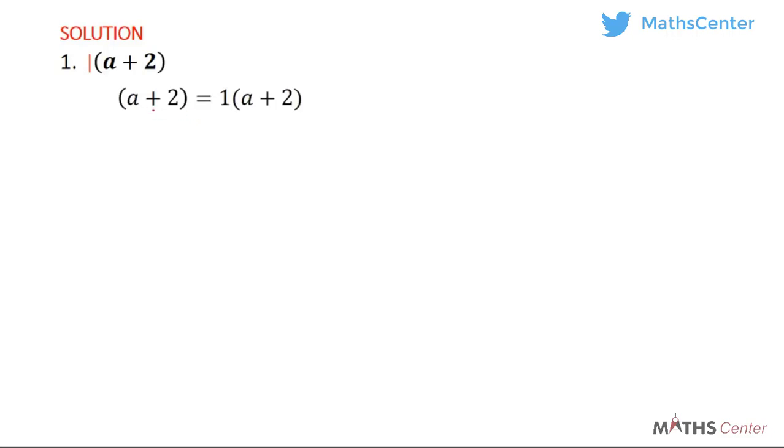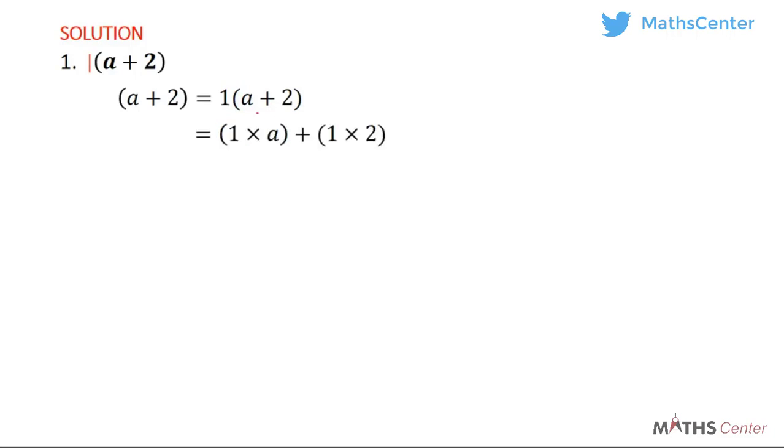So A plus 2 all in bracket is equal to 1 into bracket A plus 2. So now we have 1 outside the bracket. We are going to use 1 to multiply through the bracket, distributing 1 over the terms in the bracket.